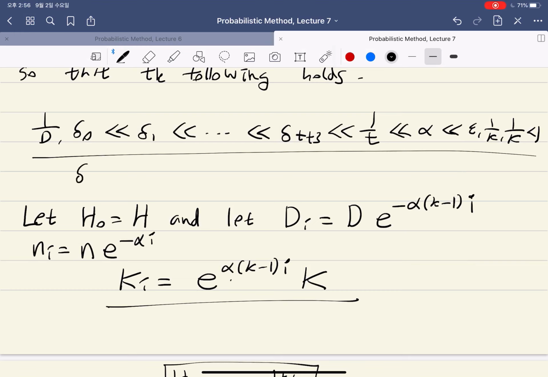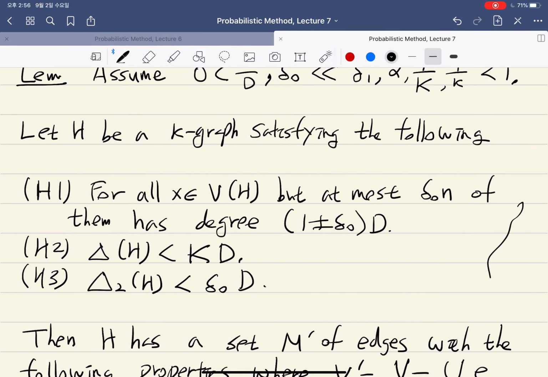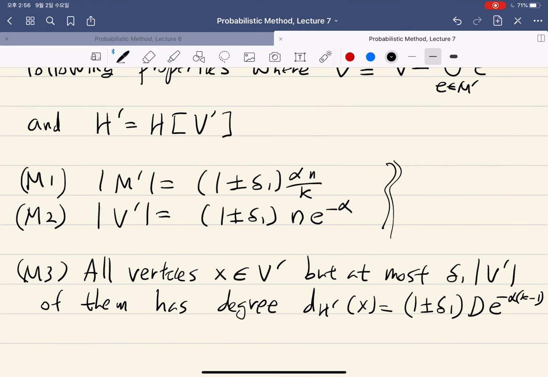Not only that, the lemma also holds with these two constants. So if you apply the lemma on the condition here, then we can not only get the delta i here, we can actually get the delta i plus 1 here. Not only delta i plus 1, but delta i plus 1 over 10 is also possible.